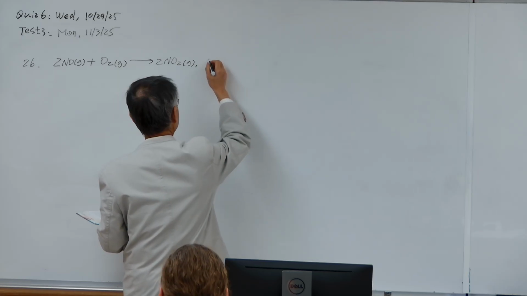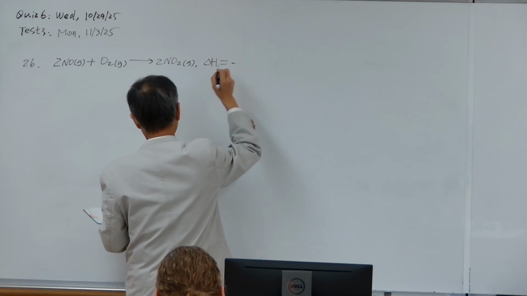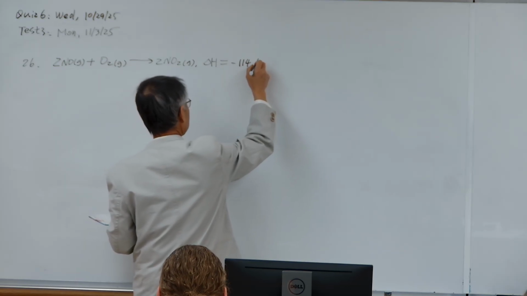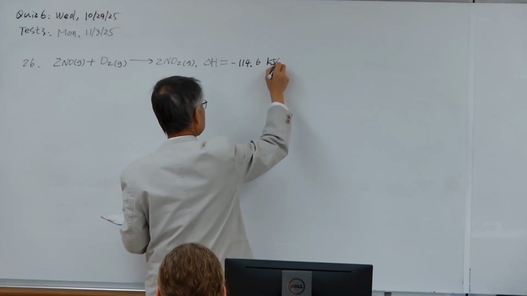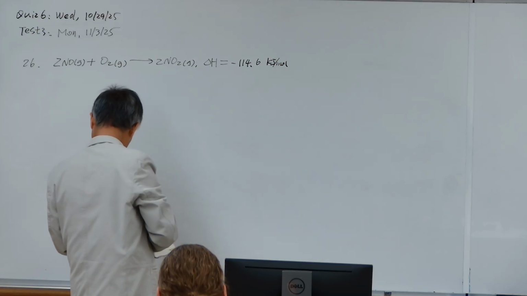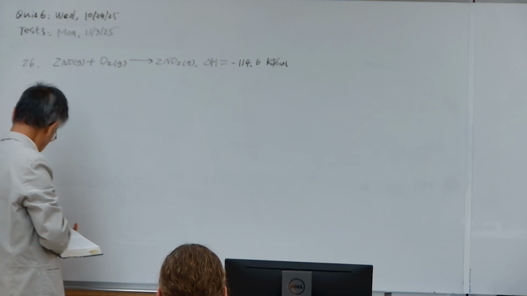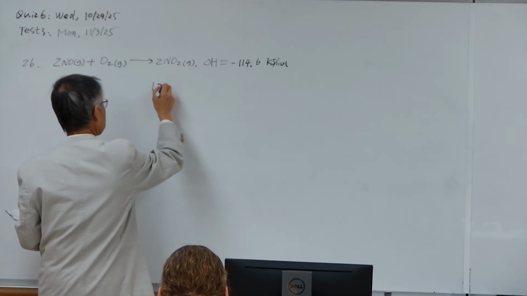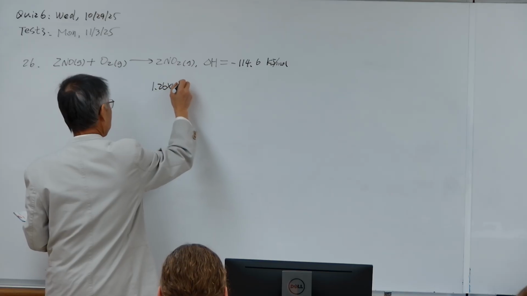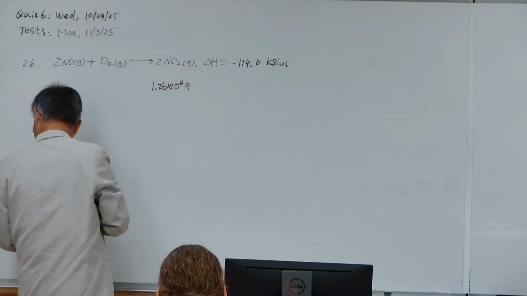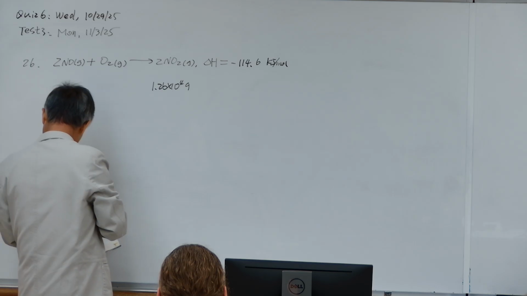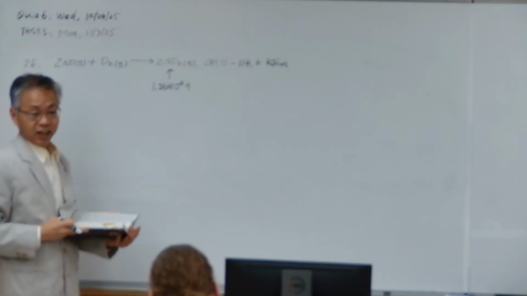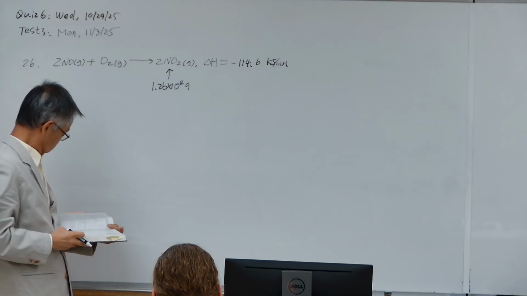This thermochemical equation tells you the enthalpy change is negative 114.6 kilojoule per mole. If 1.26 times 10 to the fourth power gram of NO2 are produced, then what is the total heat that will be released?